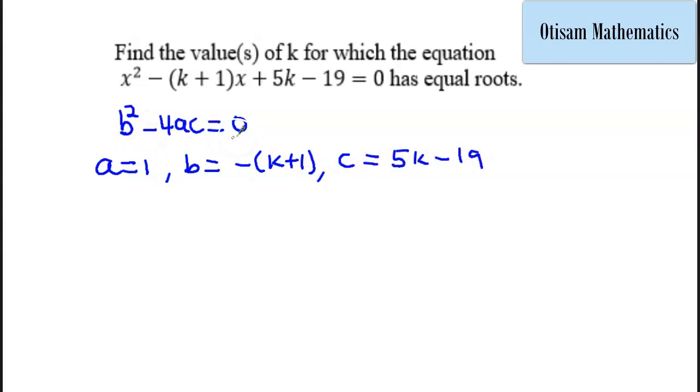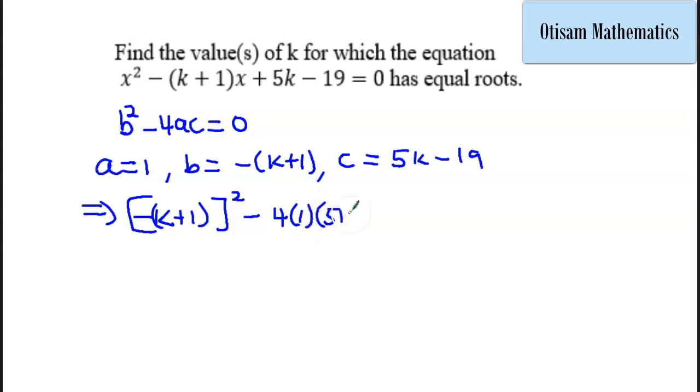Let's substitute this in the equation. This implies that minus, in bracket, k plus 1 all squared minus 4 times 1 times 5k minus 19 is equal to 0.